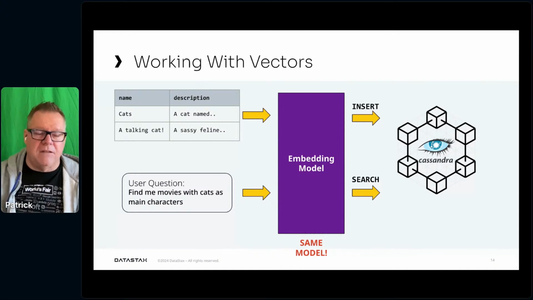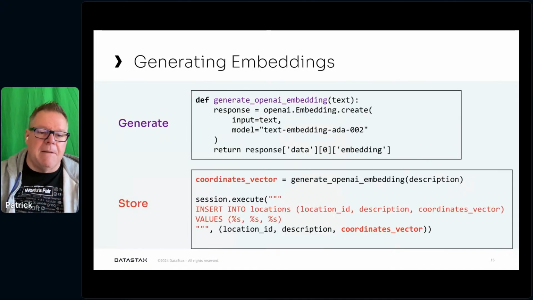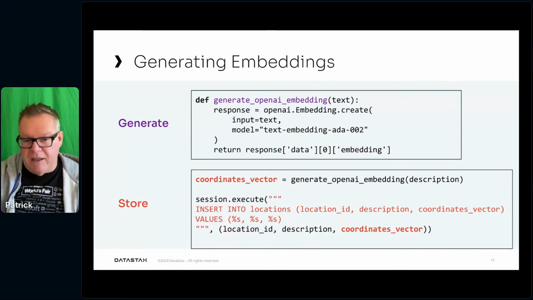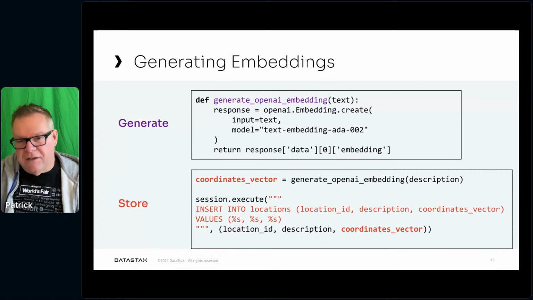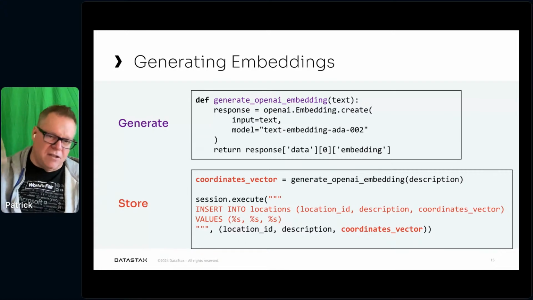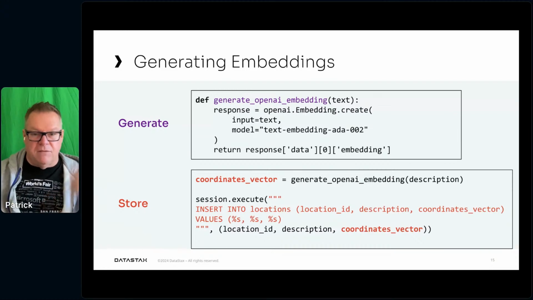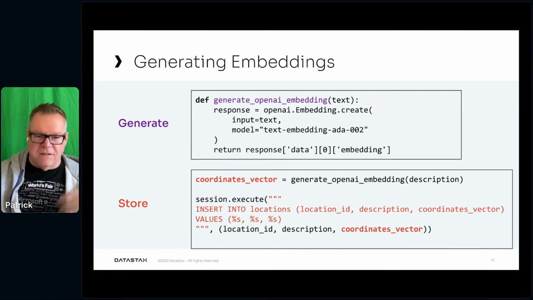And when I say embeddings, here's an exact example. There's the generate and store of the embedding data. This is a real example using OpenAI embeddings, the ADA 002, and this is just some Python code that I tossed together. This generate OpenAI embedding function takes a text field and returns a ginormous number, in this case 1536.